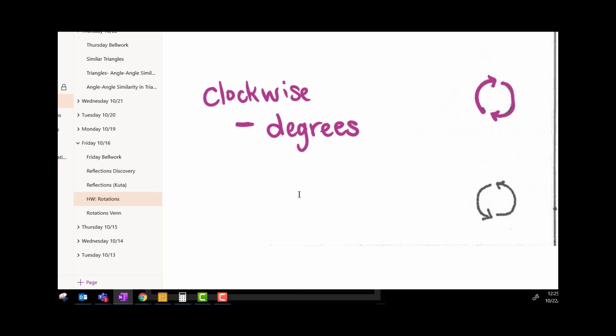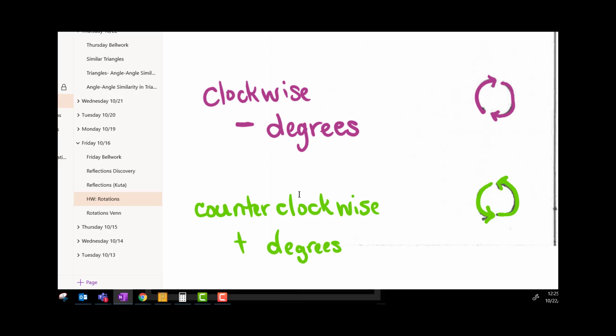On the flip side of that, if we're rotating in the opposite direction that the clock hands rotate, that is what we've been calling counterclockwise. And on Khan Academy, they're listing that as a positive amount of degrees of rotation.